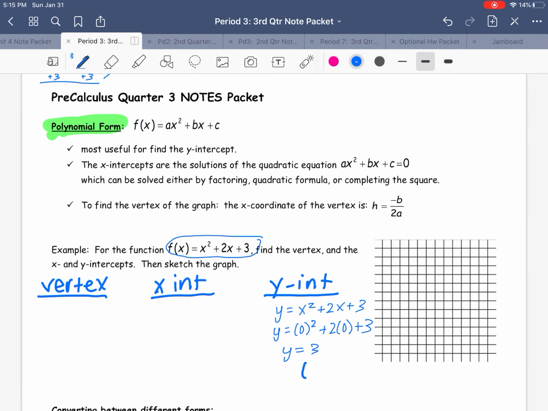And so my y-intercept will be (0, 3). To find my x-intercept, I am going to go into this equation. And where I see y, I'm going to substitute in 0. Now to solve this is going to be a factoring problem. So I'm going to factor and set each factor equal to 0.